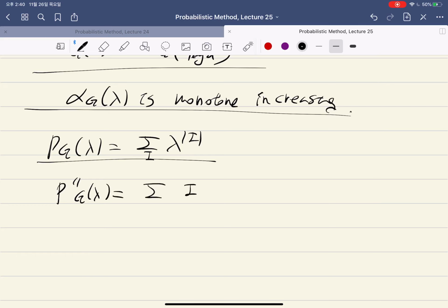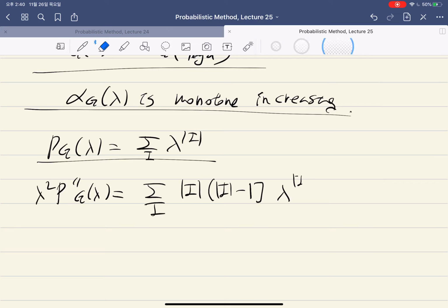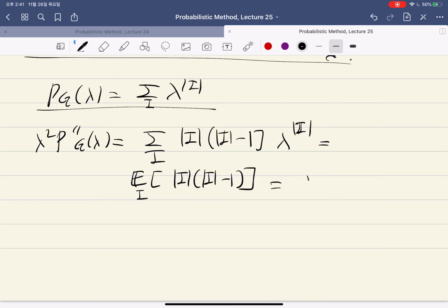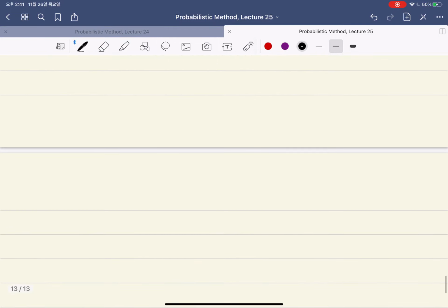Then you have size of I times size of I minus 1 times lambda to the I minus 2, summed over I. So you multiply lambda squared here, lambda squared here. Then this is nothing but the expectation of size of I times size of I minus 1 in this hardcore model. This is the same as lambda squared times p double prime, the second derivative of lambda.